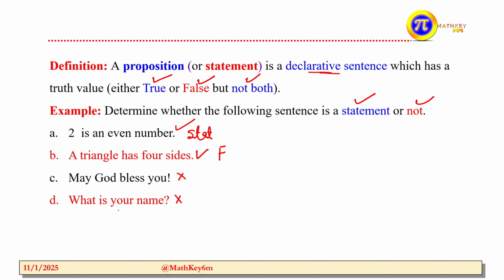The other case shows a question, asking your name. So these exclamations or questions are not statements or propositions, since we can't say they are either true or false. Because of this, they are not considered a statement or proposition.